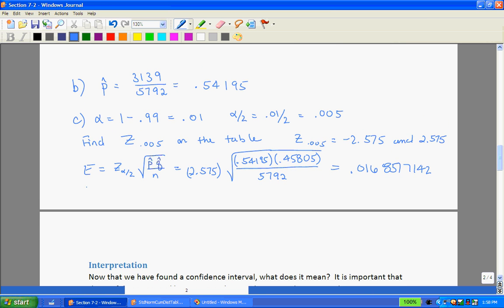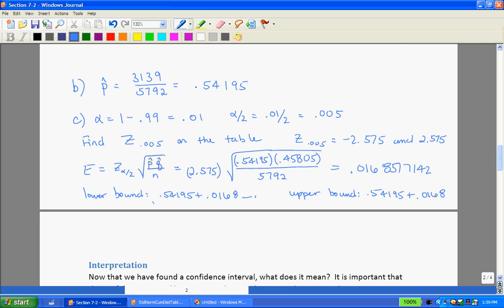Now to find the interval, I'm going to take that number and add it to and subtract it from P hat. So for the lower bound, I would say 0.54195 minus 0.0168, and so on and so forth. And for the upper bound, it would be 0.54195 plus 0.0168.